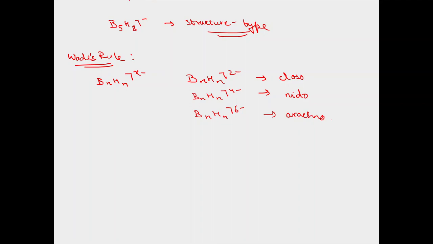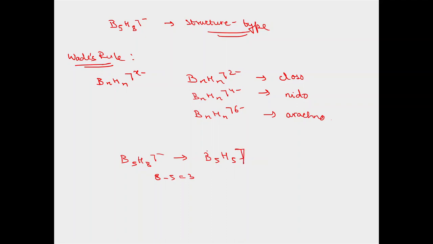Okay. So BnHn 2 minus is closo, BnHn 4 minus is nido, and BnHn 6 minus is arachno. Now in this question, it is B5H8 minus. So B5H5, and 8 minus 5 is 3, right?